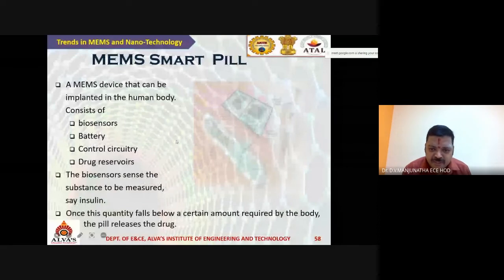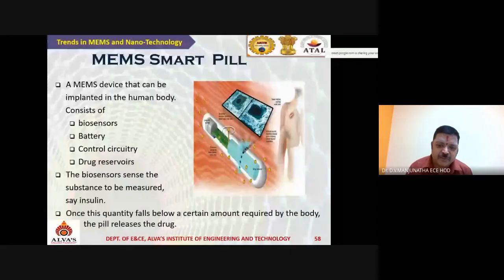MEMS smart pill, right? So there are so many diabetic patients nowadays. The pill contains insulin. Whenever the insulin goes low, the pill will automatically introduce the insulin, so that the patient will be safer, right? So the diabetic patients will take the MEMS smart pill, and that pill will have the insulin whenever it is required.